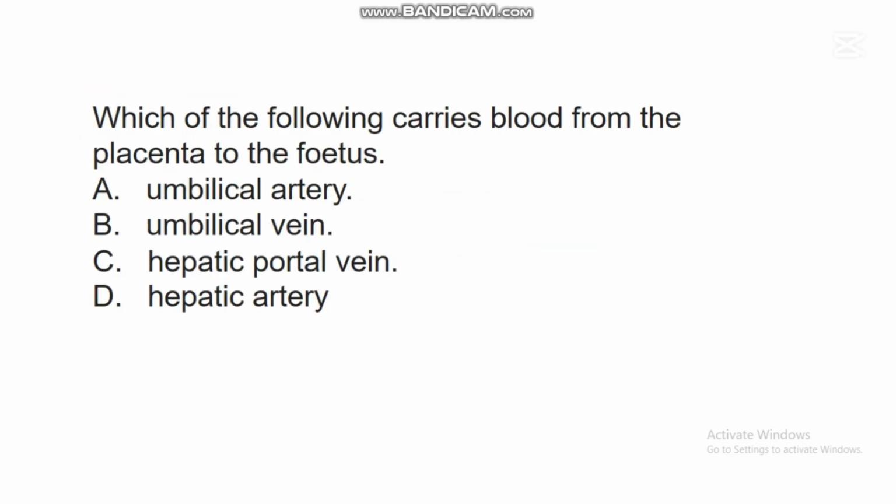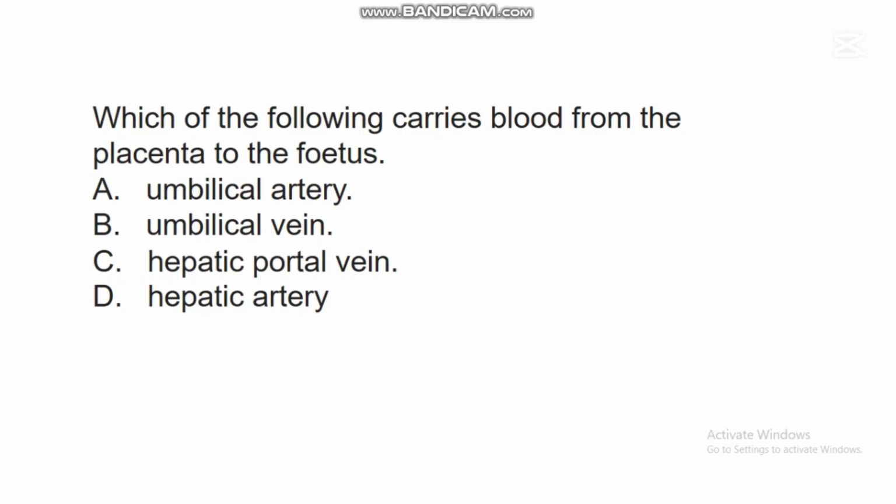The next question says, which of the following carries blood from the placenta to the fetus? A. Umbilical artery. B. Umbilical vein. C. Hepatic portal vein. D. Hepatic artery.